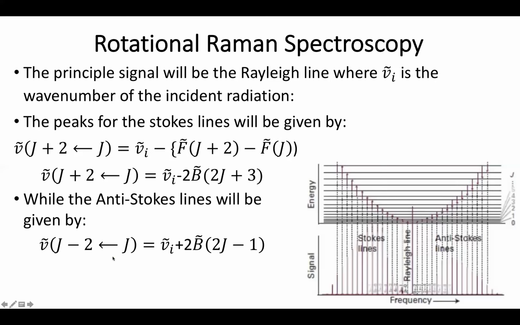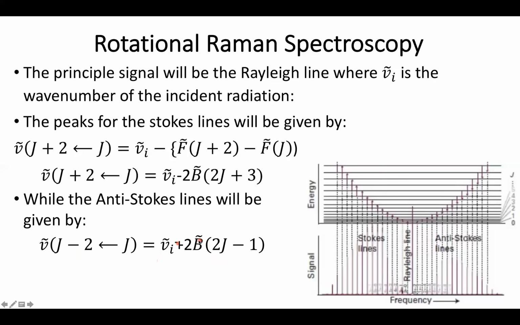By taking the difference of these two states, we start at J and go down to some lower frequency. This extra energy gets imparted to the photon that's emitted.